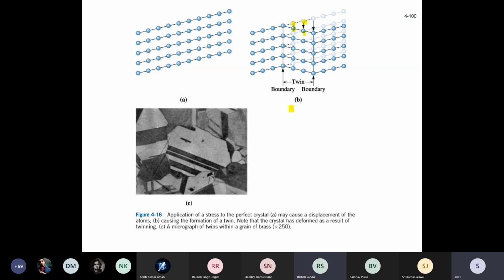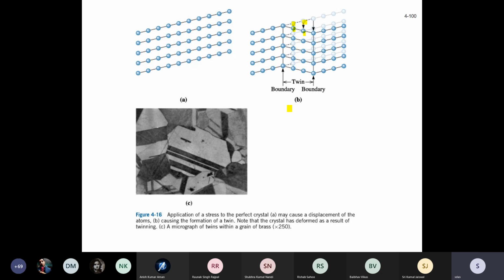So what drives them to do so? When the slip system is restricted, you do not reach the critical resolved shear stress value to initiate slip, then twinning takes place. There are two types of twins. One is called mechanical twins. During the application of load it happens. HCP, BCC can show it, but face-centered cubic never ever shows a mechanical twin because it has 12 slip systems.